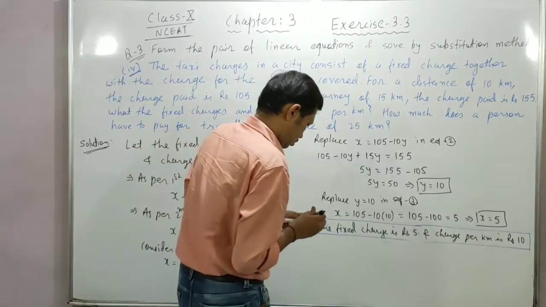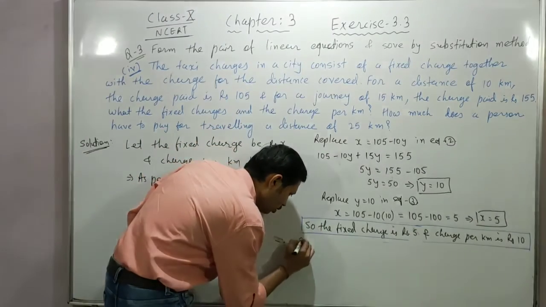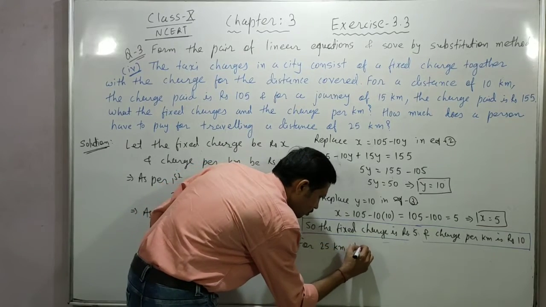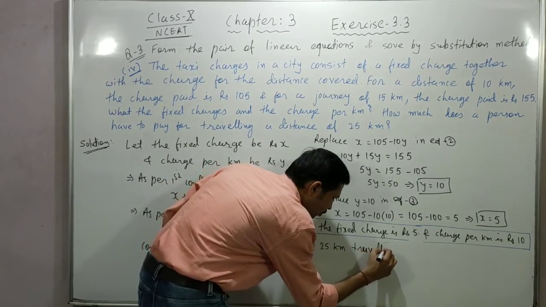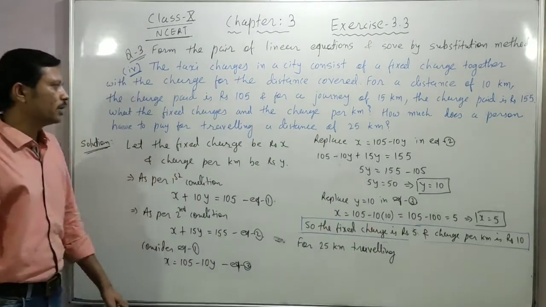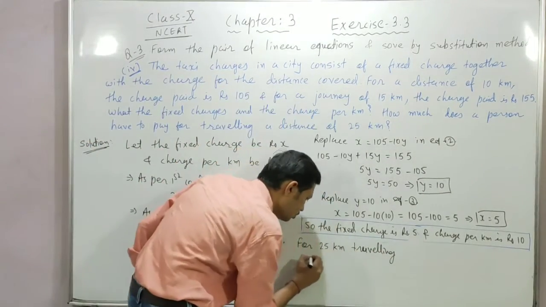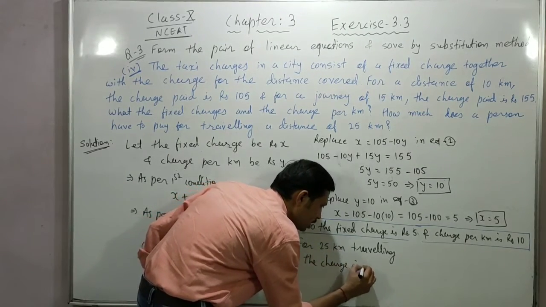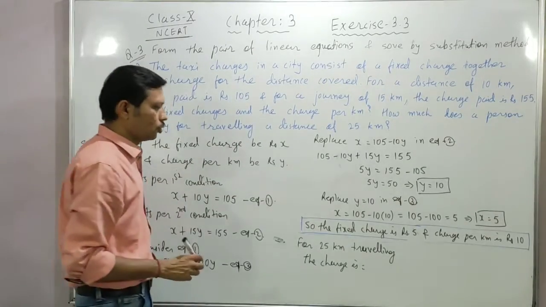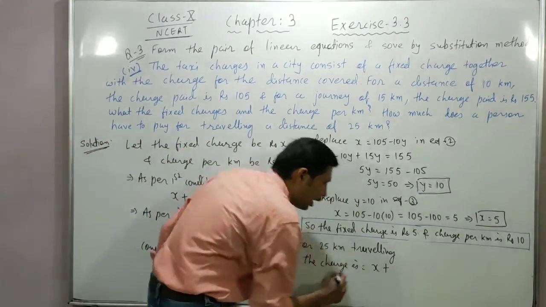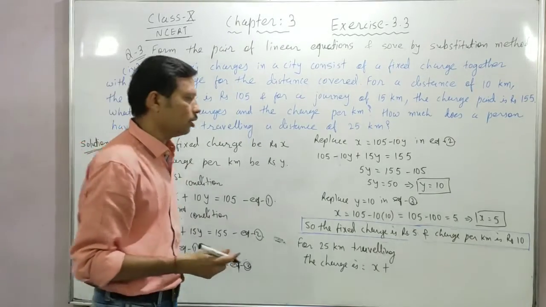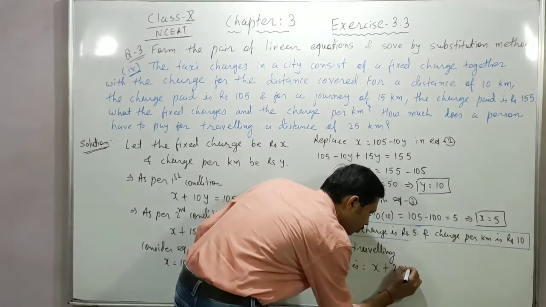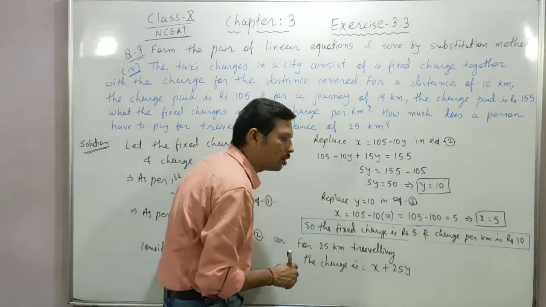So for 25 kilometer traveling, the charge is, okay, so x, that is the fixed charge, x rupees, and per kilometer charge is y rupees. So how many kilometers? 25. So 25y. Now here I will replace the value of x and y.